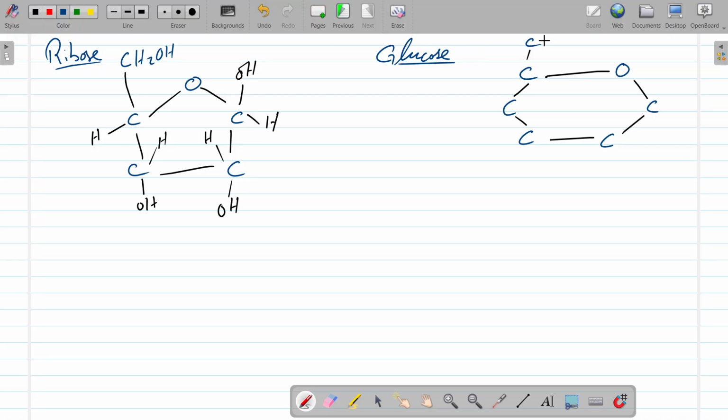This is CH2OH, and the hydrogens and oxygen. So you've got a hydrogen coming here, and H and OH.